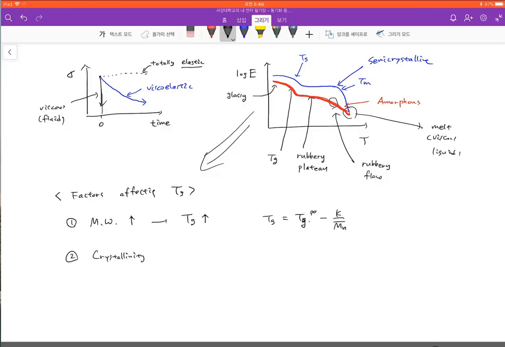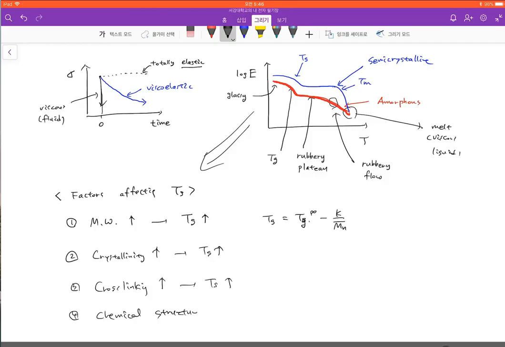Another factor, crystallinity. If the polymers are more crystalline, it will be more stiff, right? Crystallinity increases, Tg also increases. Cross-linking. If cross-linking density increases, Tg will also increase. What else?